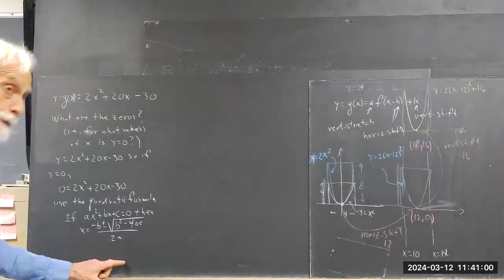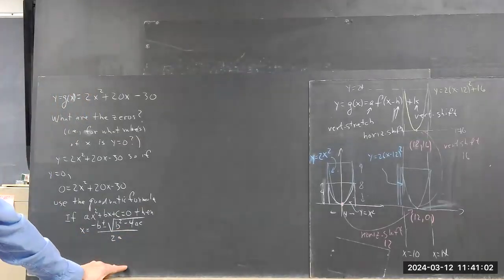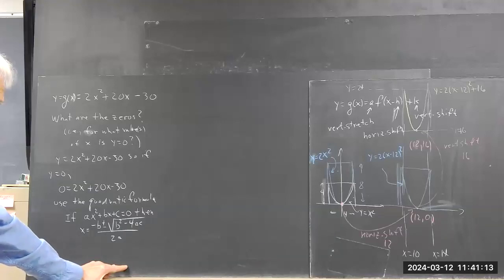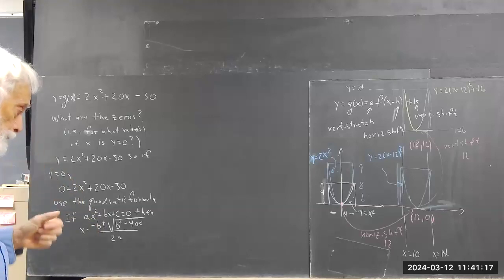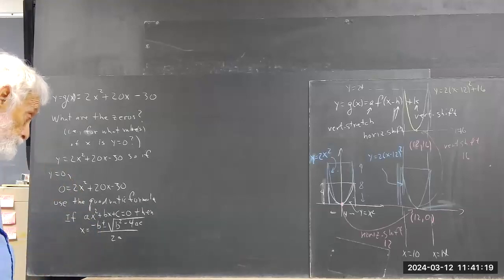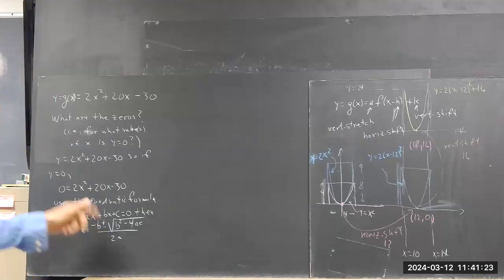This should be very familiar to you, even if you haven't seen it for a few years. Okay. And I think you've seen it in this class, but I'm not sure. We might have done that in the D60. So can you use this formula to tell me when this is zero?